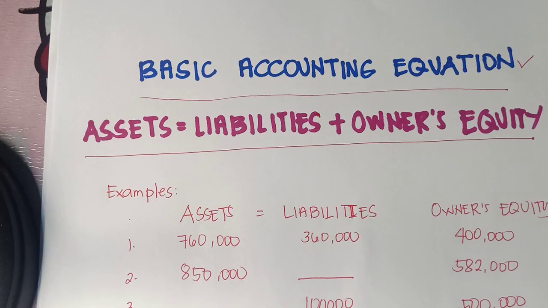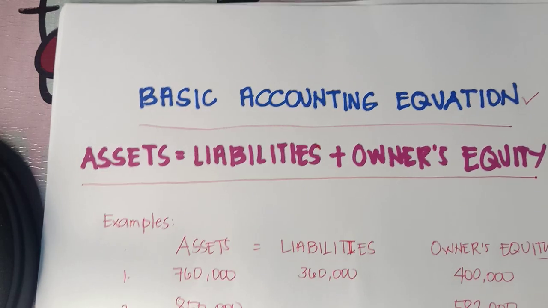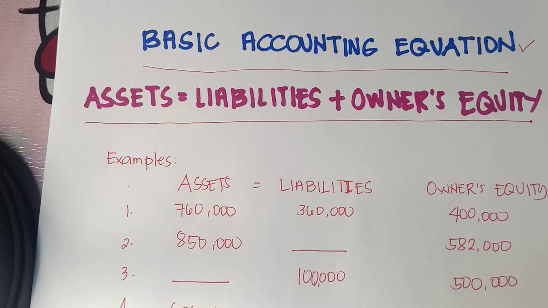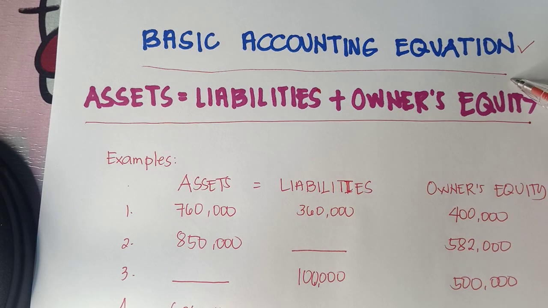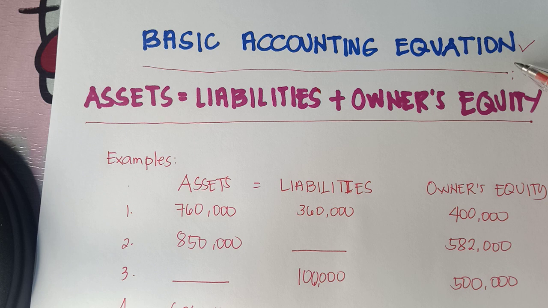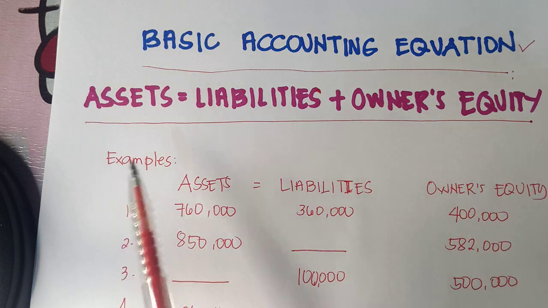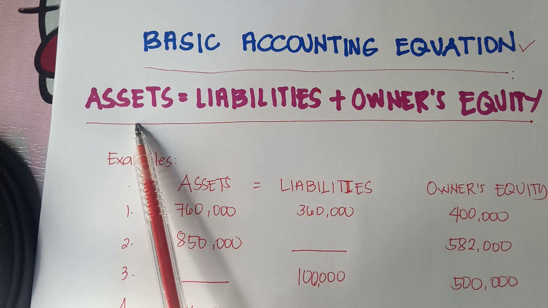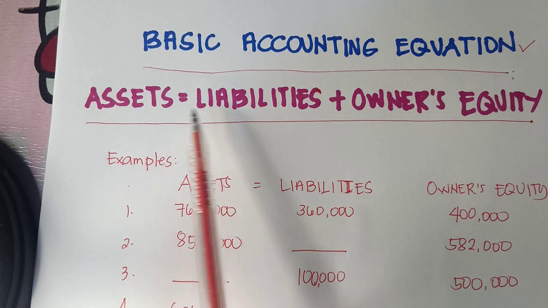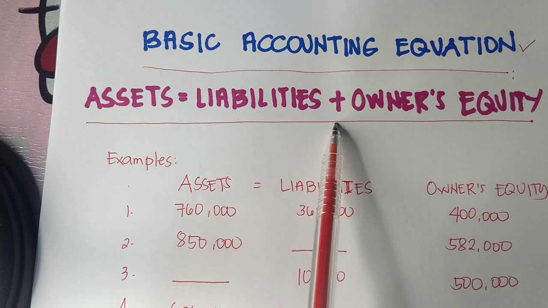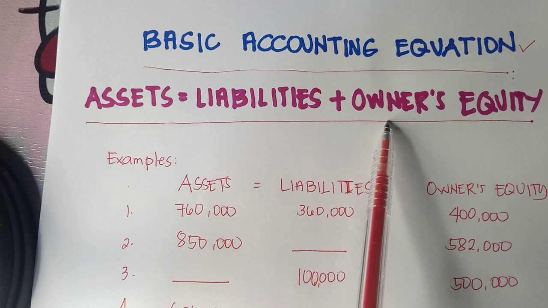Okay, so let's now start. Our topic for today is all about the basic accounting equation. The question is, what is the basic accounting equation? At all times, assets is equal to liabilities plus owner's equity.